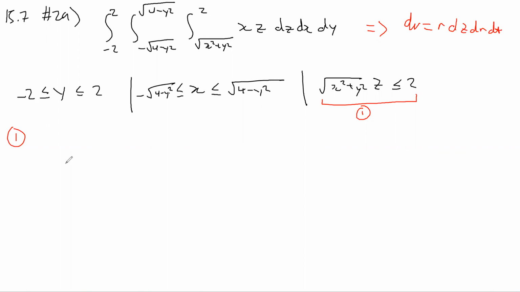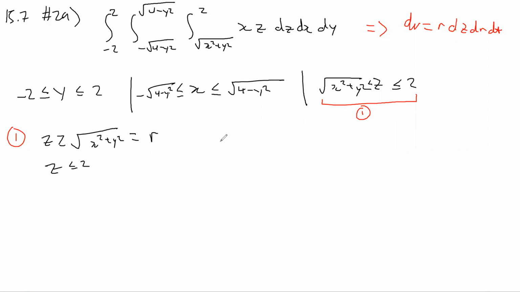Okay, so let's see. z is in between. So we can say that z is greater than the plane where you have square root of x squared plus y squared, which is also the same thing as r, because r squared is equal to x squared plus y squared. And z is less than or equal to 2, which stays the same.